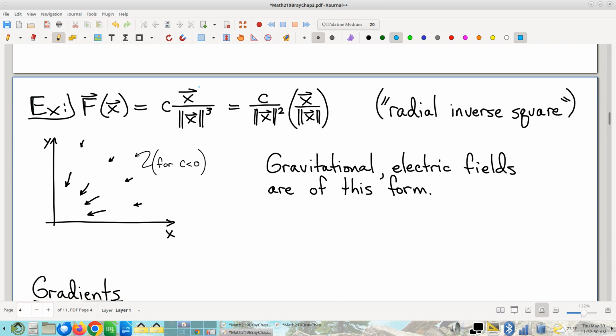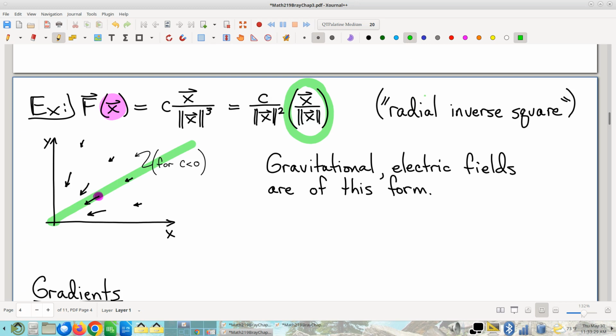Okay, here's another example. This vector field right here, which I'm going to rewrite just for convenience. I'm going to rewrite like that. And written in the second form, there's an easy observation that wherever we might happen to be, whichever x point we are looking at, notice that this is just the unit vector pointing in the direction that x vector is. So that's just defining this direction, right?